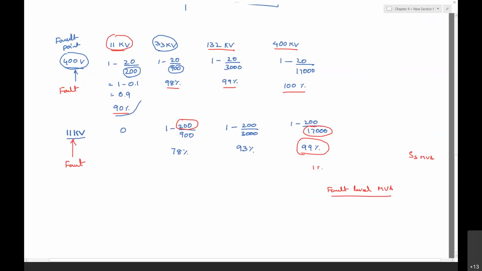If the source MVA is very much higher, or if the fault impedance is very much higher, what we observed was that the fault current is very less. If the fault impedance is very much higher, then the fault current is also very much lower. This is about how the voltage sag magnitude depends upon the fault level MVA.